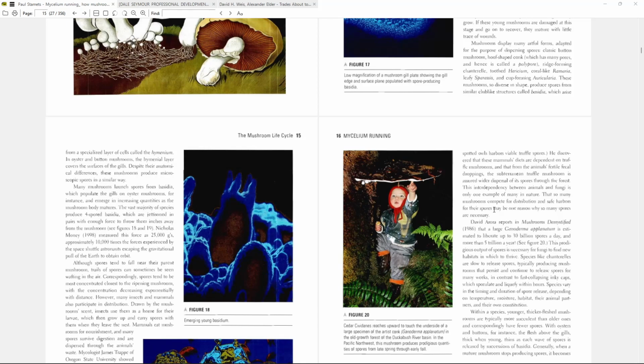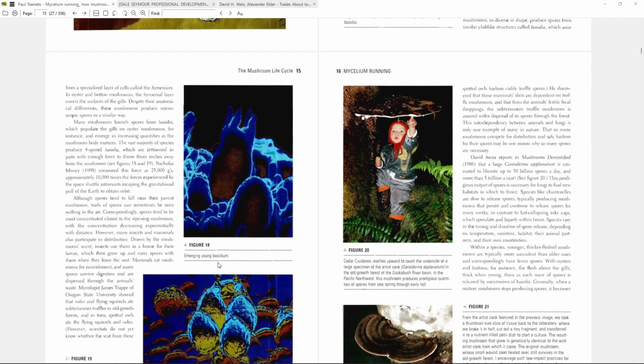The vast majority of species produce four-spored basidia, which are jettisoned in pairs with enough force to throw them inches away from the mushroom. See figures 18 and 19.